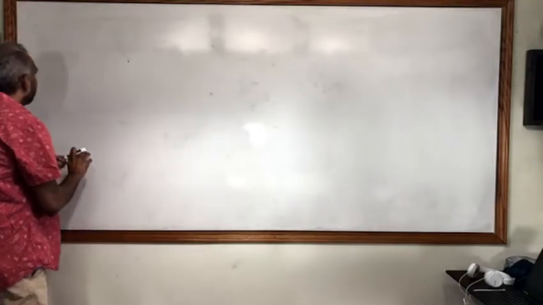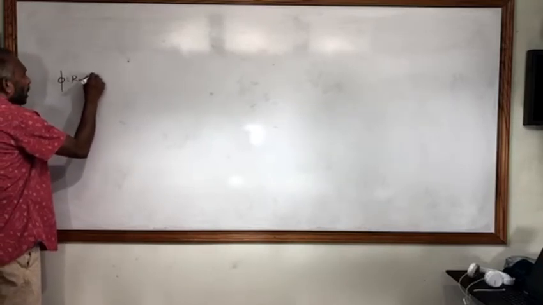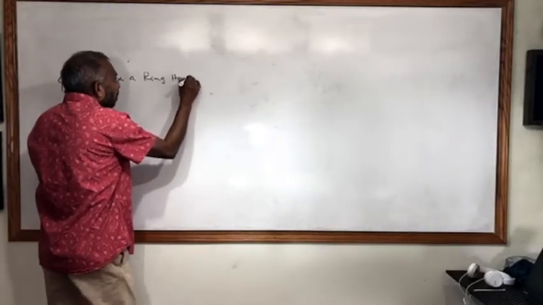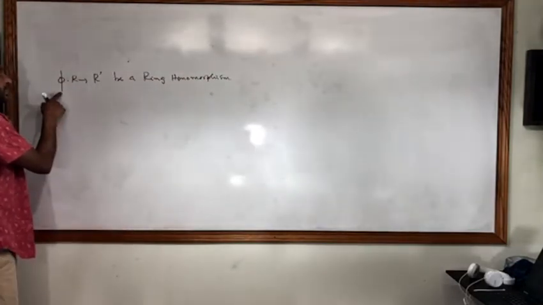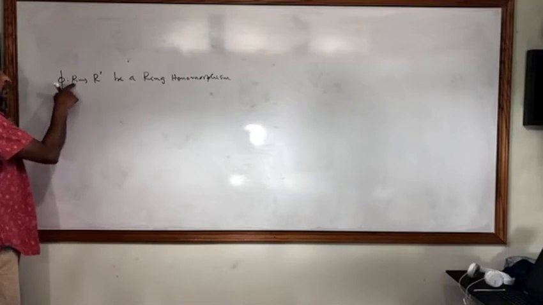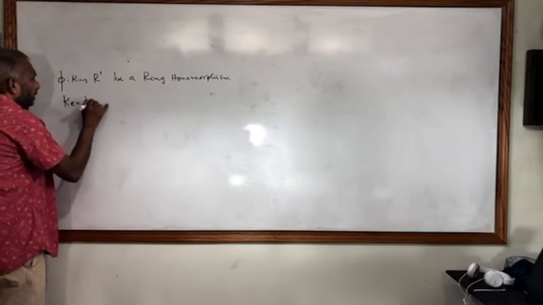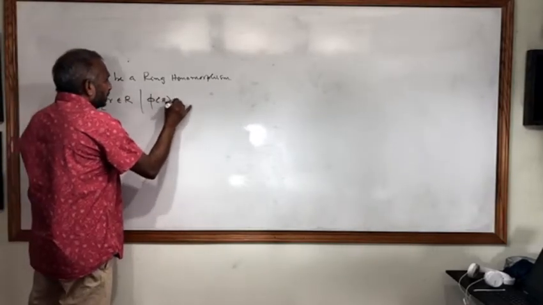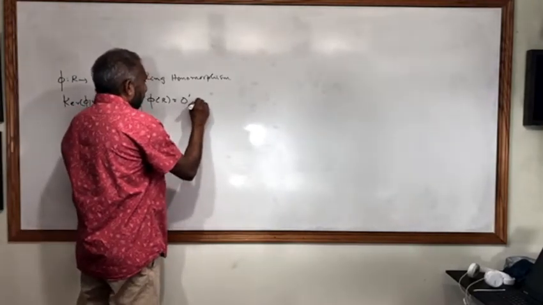Now the kernel of a ring homomorphism. Let's say phi from R to R prime is a ring homomorphism. So the kernel of phi is the same as the kernel of phi as a group homomorphism. The kernel of phi is defined as elements from R such that phi of R is equal to the additive identity of R prime.